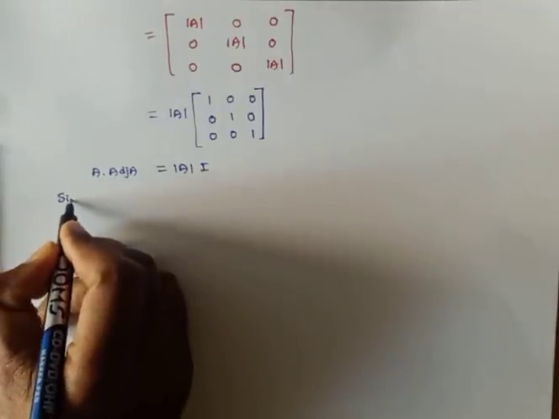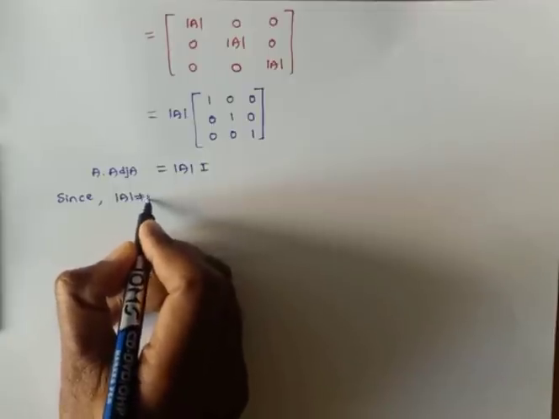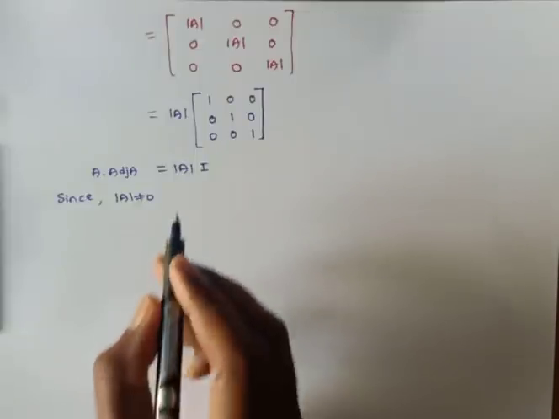Since det A is not equal to 0, as in the hypothesis A is a non-singular matrix, det A is not equal to 0 is given.